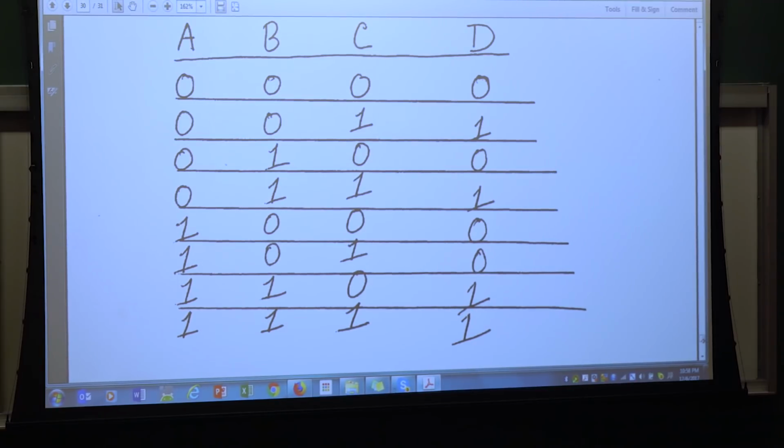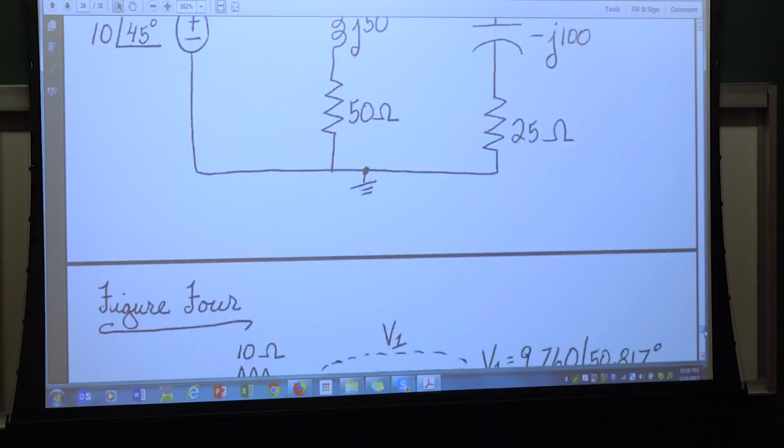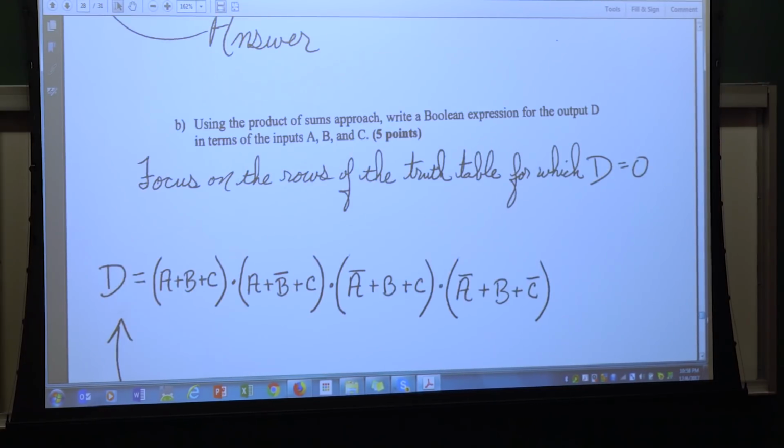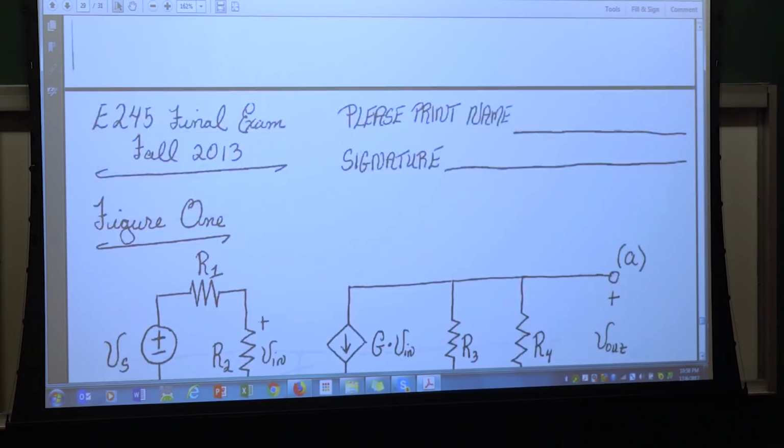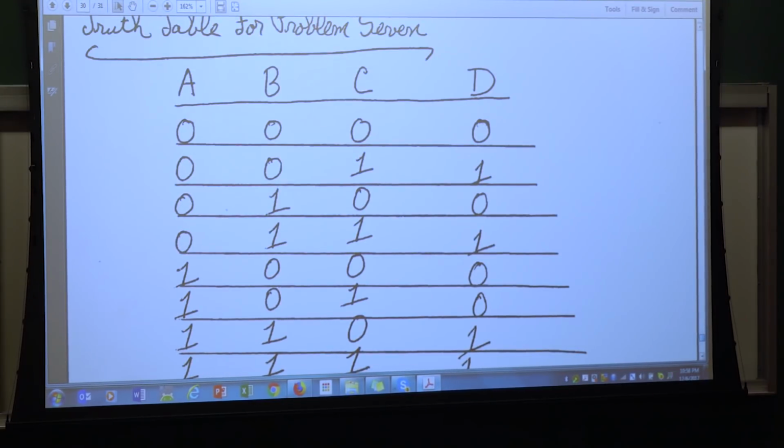All right. Now, my colleagues, using ORs, how would I get the first term to be 0? That should just be A or B or C. A or B or C in the first row will give me 0.